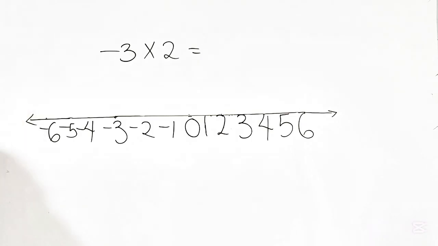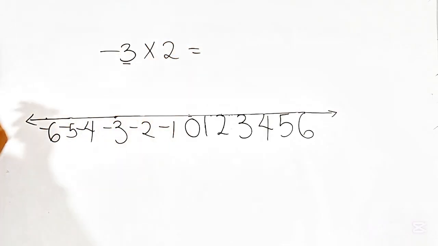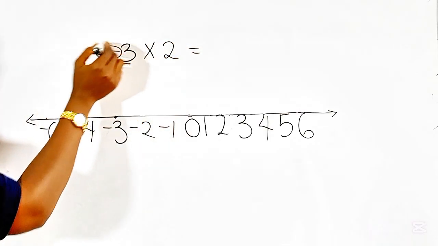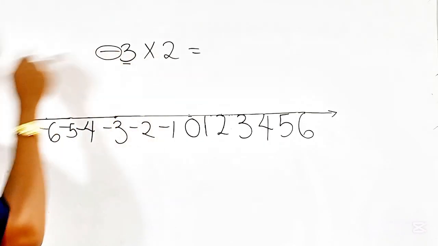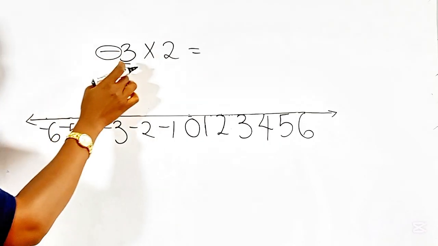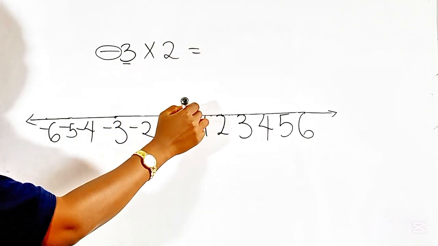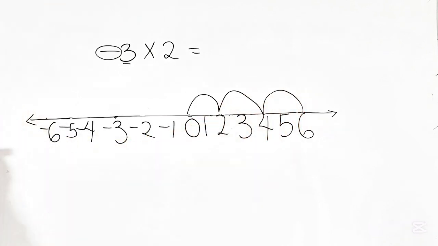Recall that we said this first number tells us the action to take about the second number, right? So if we decide to ignore this negative sign and just deal with 3 times 2, it means that we are taking 3 steps of 2 forward, right? Because it's positive. So we move here 1, 2, and 3, right?